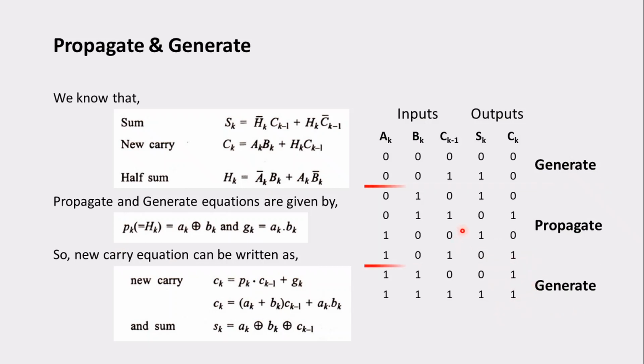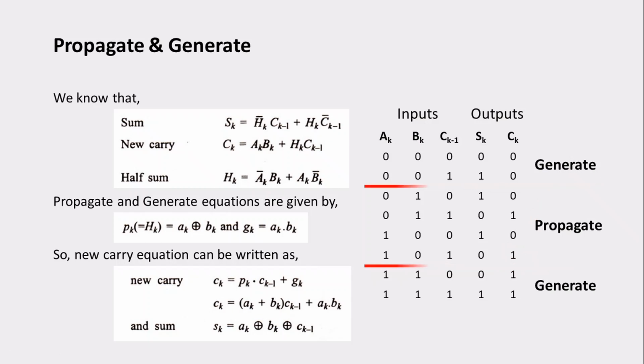Let us look at one more scenario. Whenever the inputs A and B are not the same, whatever carry in we have will be propagated to our carry out. This is our propagate and generate concept.